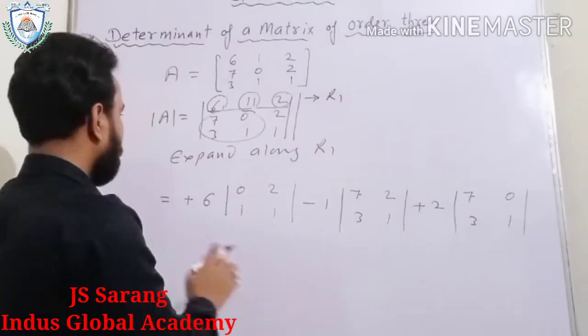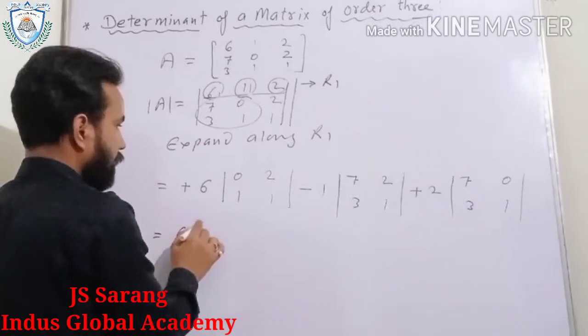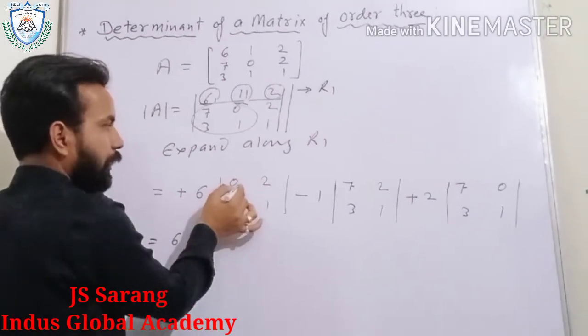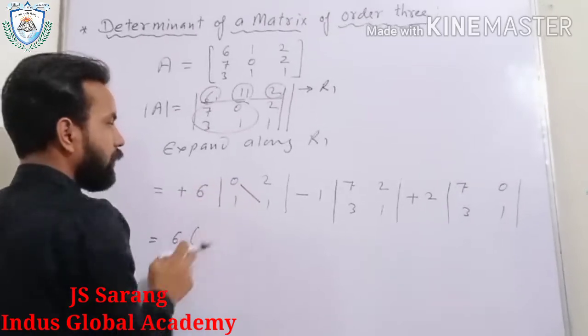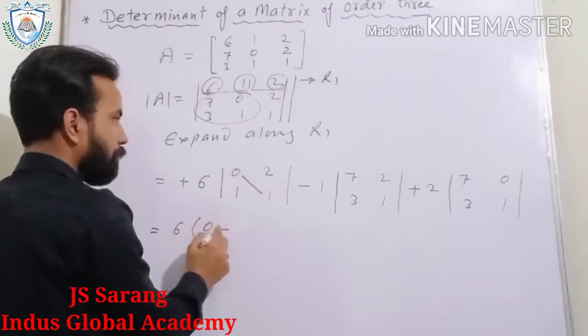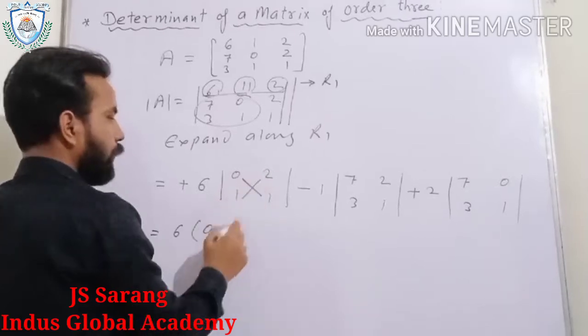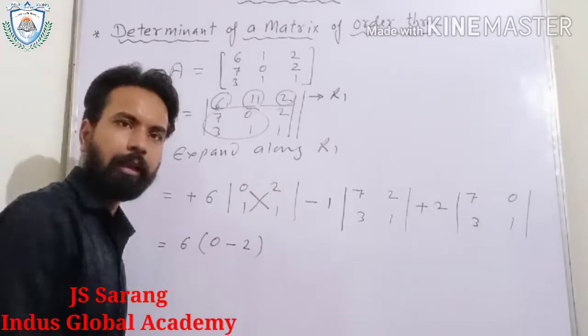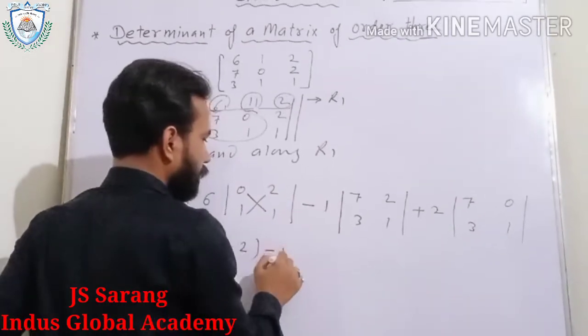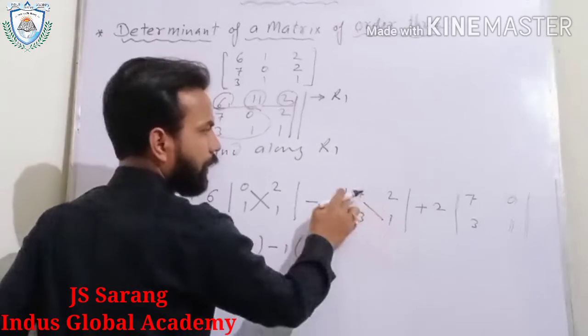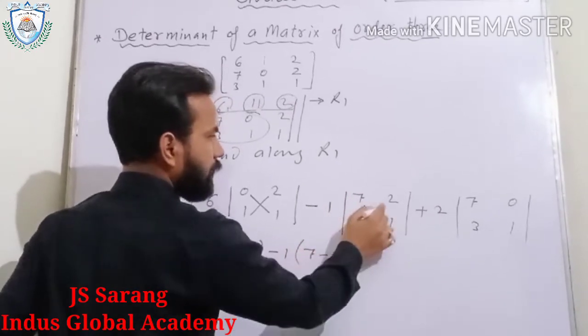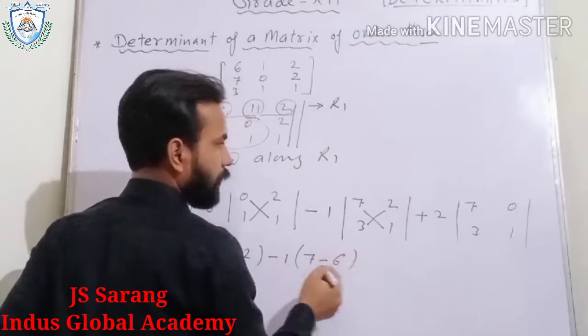Clear? Now we will simplify. 6. How can we solve this? By cross multiplication. 0 into 1 is 0. Minus 1 into 2 is 2. Clear? Minus 1. We will simplify this. 7 ones are 7. Minus 3 twos are 6.